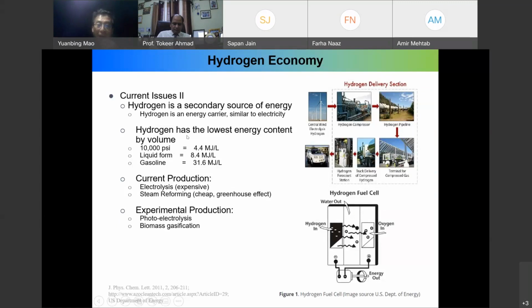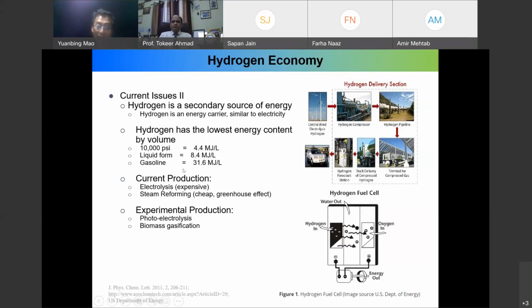Though hydrogen has the lowest energy content by volume when we compare it with gasoline, right? Here you can see that when hydrogen is pressed to 10,000 psi, it has 4.4 megajoule per liter. When in liquid form, it is 8.4.